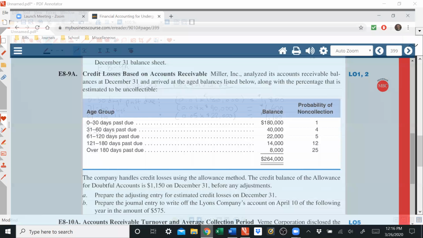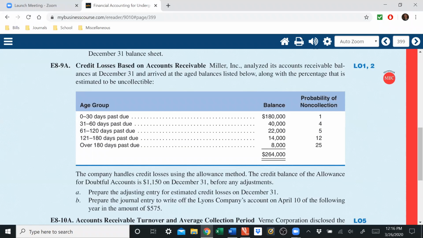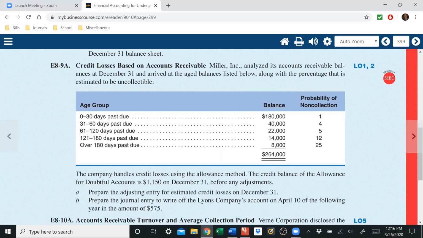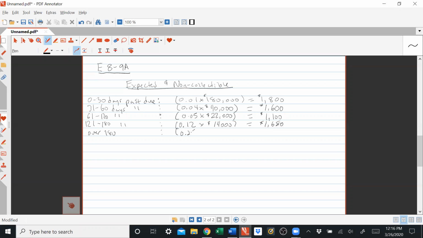So the 121 to 180 is 14,000 and 12% of that is expected not to be collected. So 0.12 times 14,000, 1,680. And finally, the 8,000 that's over 6 months past due, 25% of that we expect not to be able to collect. 25% of 8,000, the expected amount not to be collected is 2,000, right?